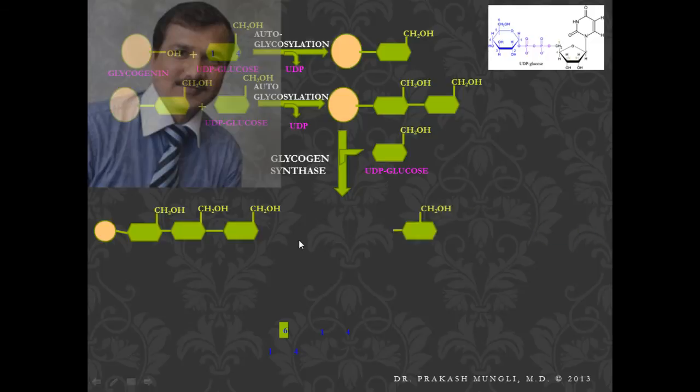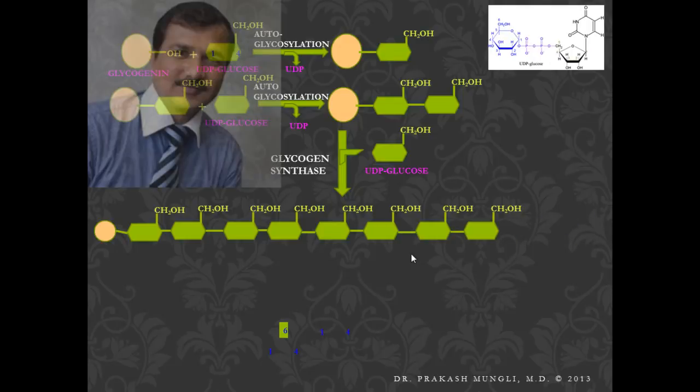So basically the elongation process is going on. UDP glucose comes in, glucose is added and UDP is released. This is how the elongation process will go on, and all these glucose residues are now attached with alpha-1,4 glycosidic bonds.